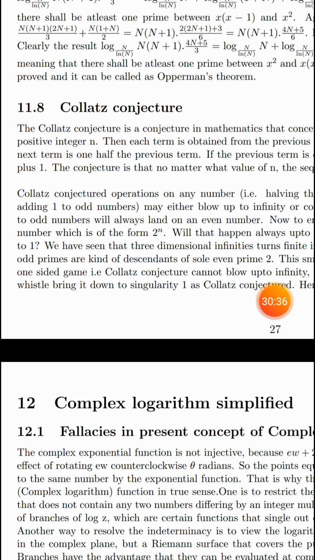And these operations on any random number will ultimately end up in 1. That's what the conjecture is all about. So to prove this kind of conjecture, we need to see how 2 and 3 are related to the numbers.